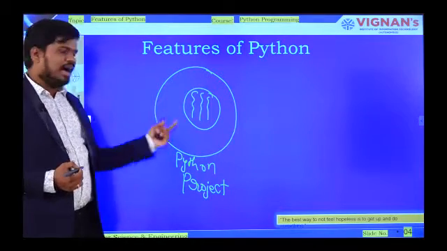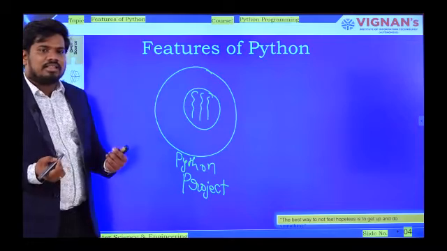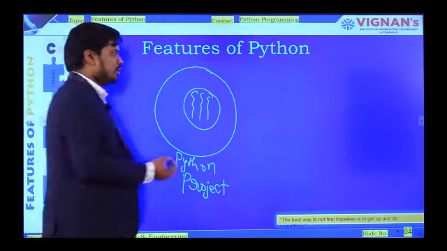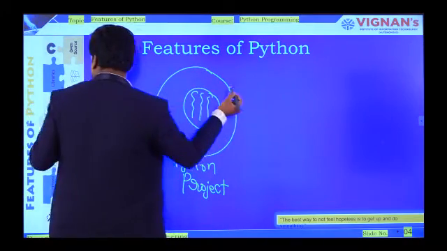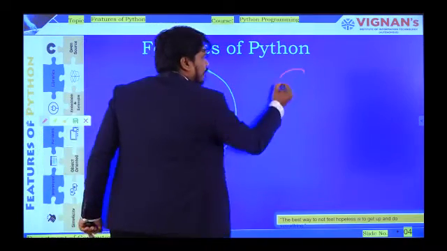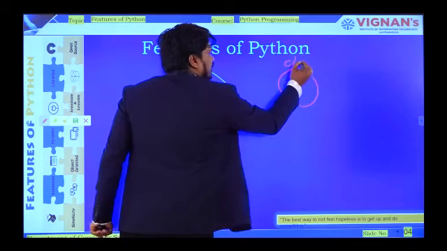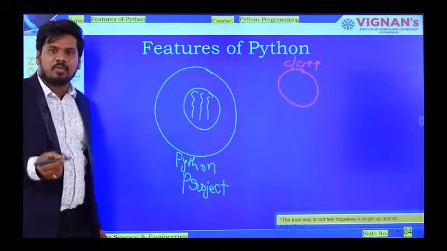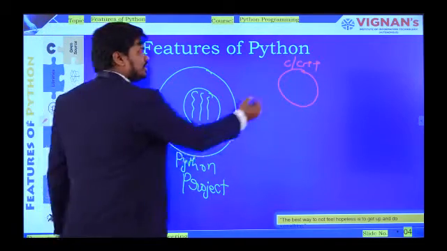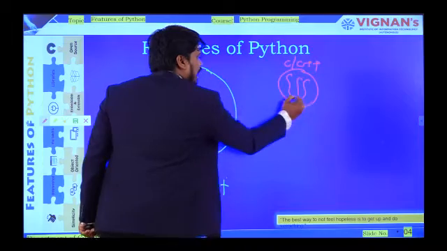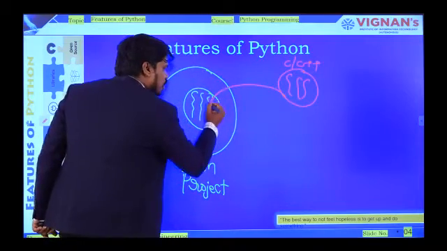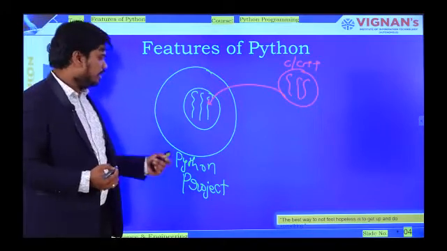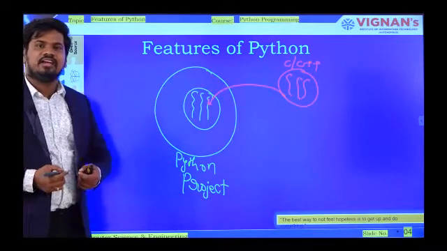The faster languages based on time complexity are C or C++. So I will use this part as C or C++ code in my Python. As a result, my execution speed will be increased.